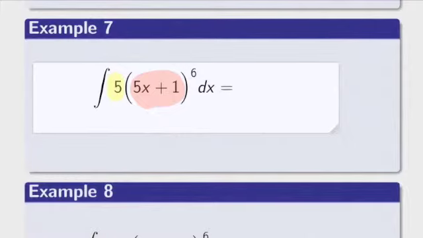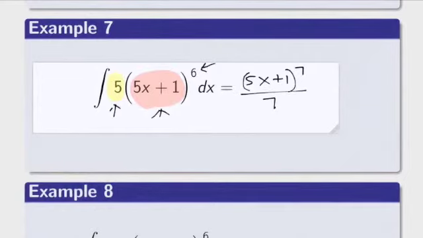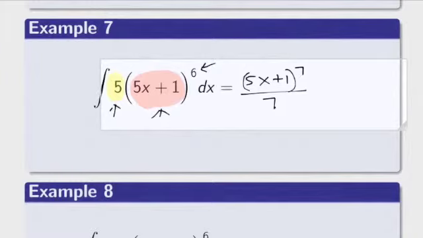So this term that is colored in yellow is f dash x. So now we can apply rule 2. So f dash x times f(x) raised to the power n is f(x) raised to the power n plus 1, n is 6, so n plus 1 is 7, divided by n plus 1, plus a constant.